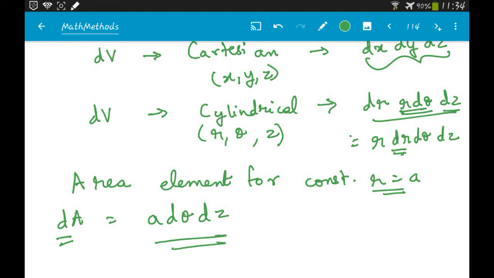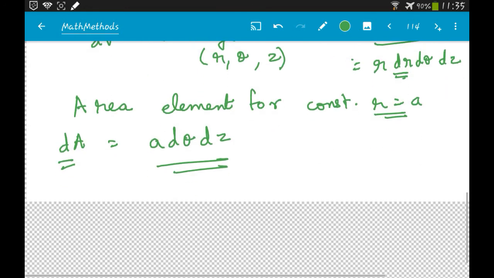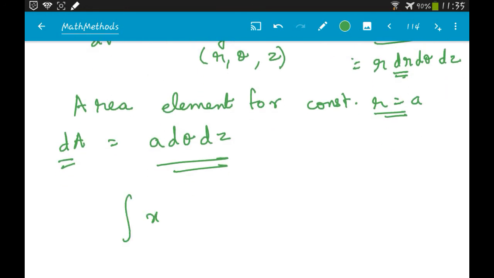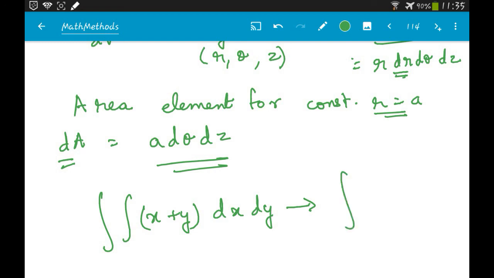These are important when you do integration. If you want to convert from some coordinate system in x and y into a different coordinate system, suppose you want to find an area, a double integration of dx dy, and now you want to change it to the cylindrical, let's say polar, coordinate system, you will have to change this.